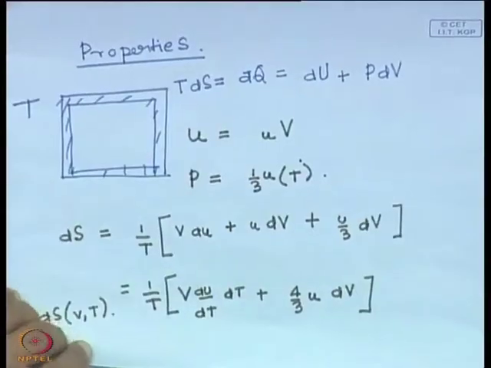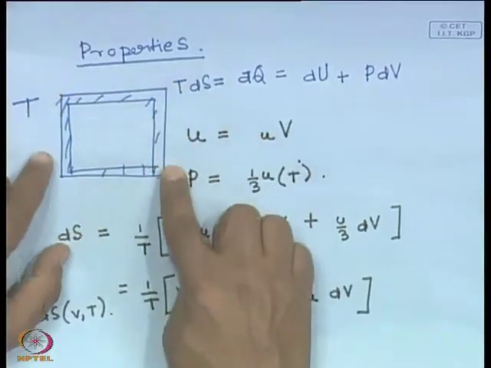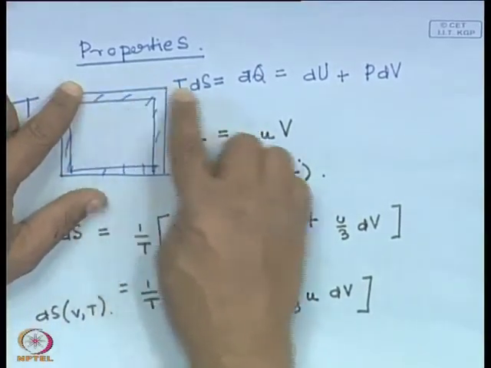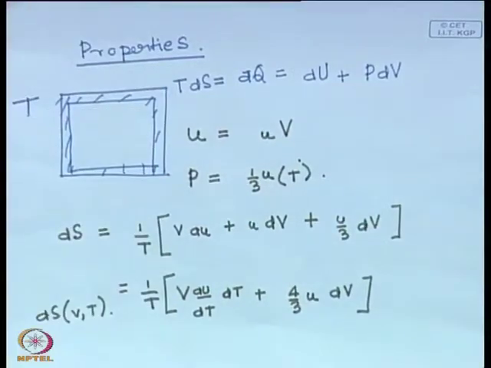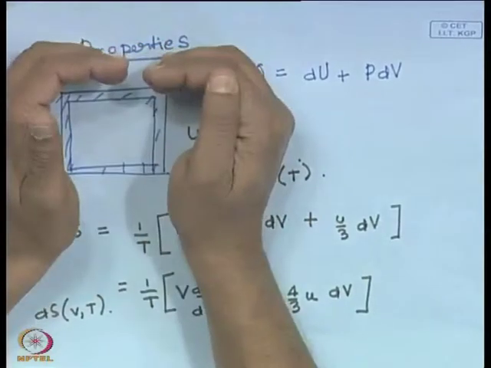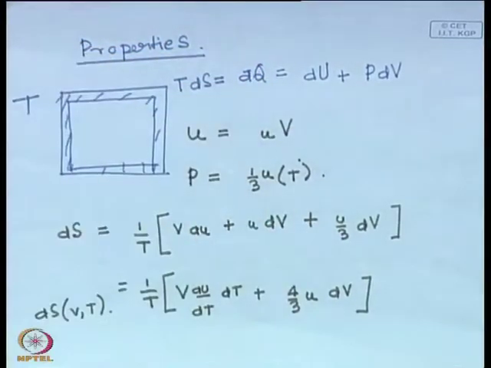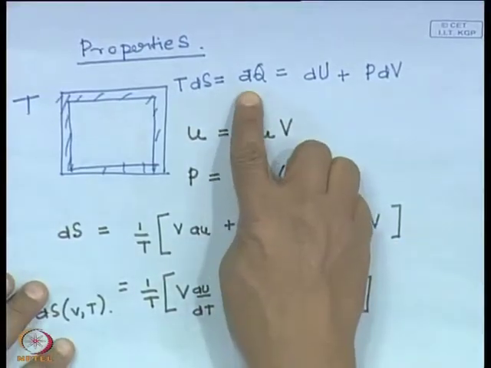Let us now consider the situation where I do some adiabatic transformation on this black body cavity. Suppose I make the cavity expand adiabatically. What do you mean by adiabatically? There is no exchange of heat, dq is 0.